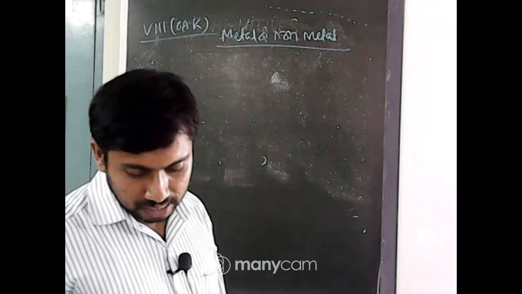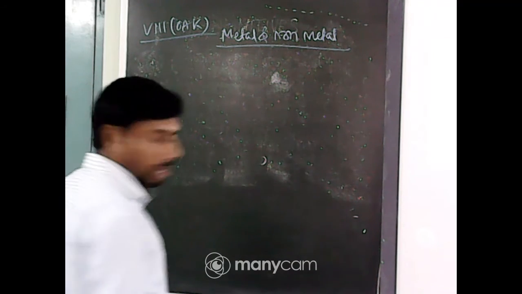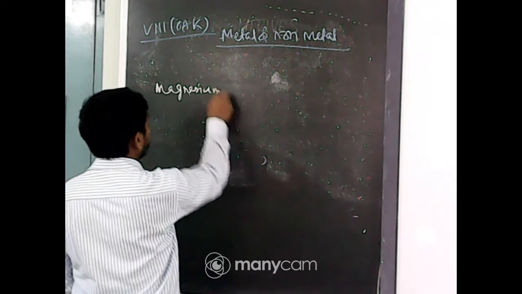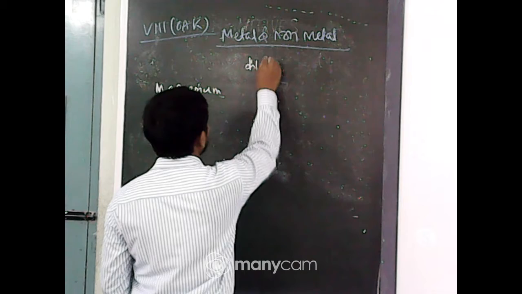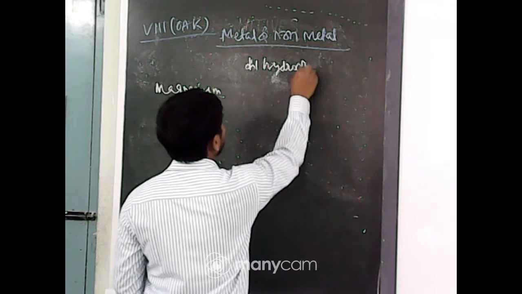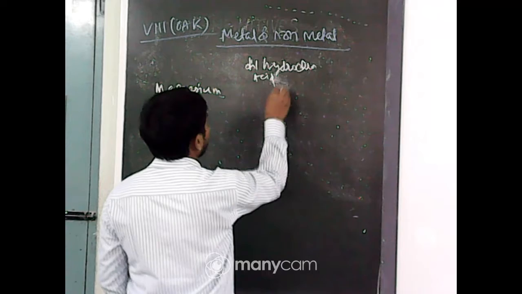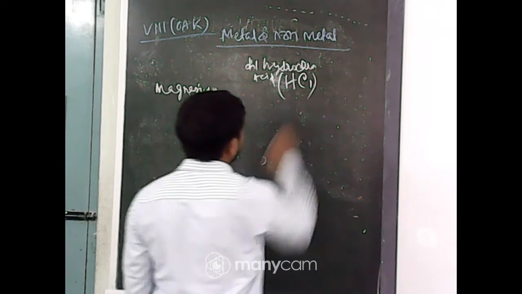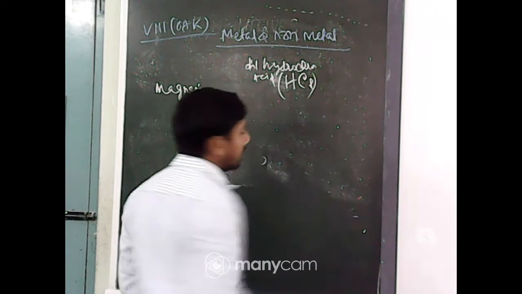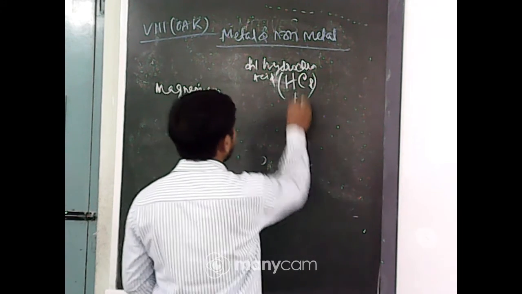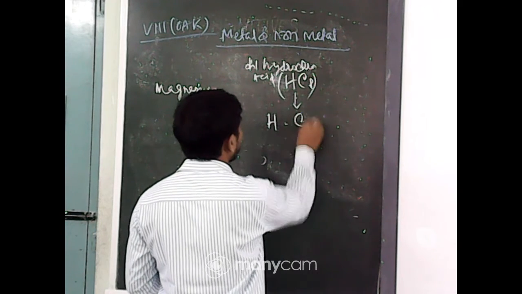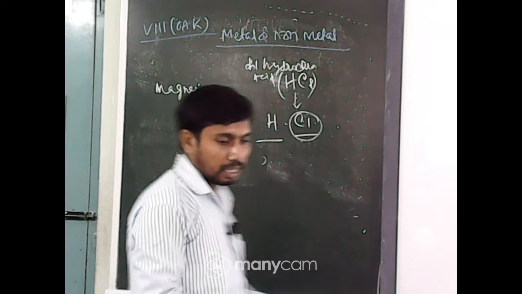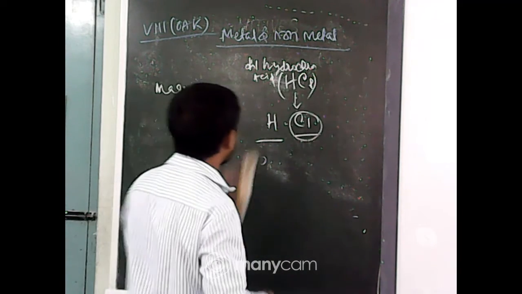Now I am moving to the next part, that is follow the magnesium and dilute hydrochloric acid. Follow the formula of that, HCl: H capital, C capital, L small, that is hydrogen and chlorine. Chlorine is represented as C capital, L small.